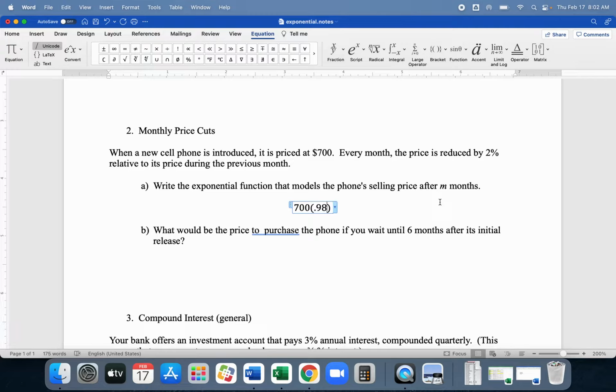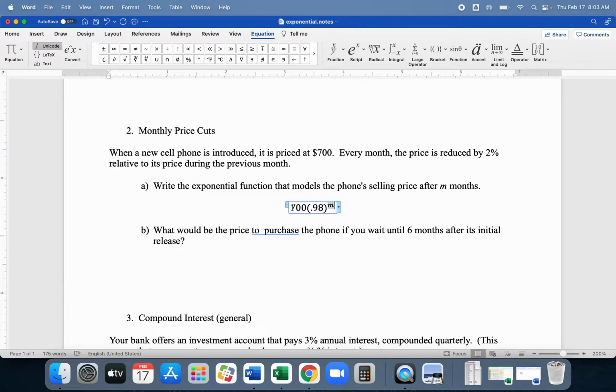A later month's selling price is 98% of the previous month's price, because it's decreased by 2%. So it's not all of it, it's 2% less than all of it. So this would be after 1 month. If I want to talk about after m months, then I need to raise this to the m power.